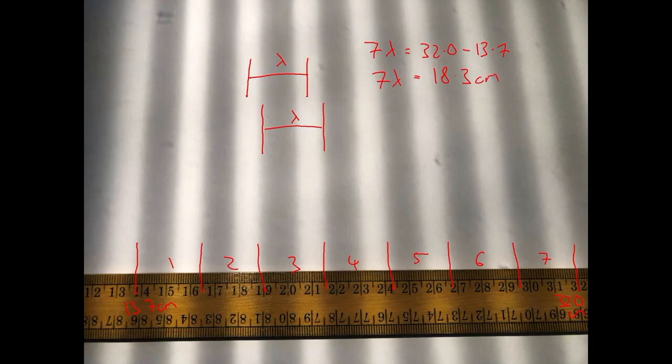We want one wavelength. So let's divide both sides by 7, and we get 1 wavelength is equal to, divide that by 7, 2.6 centimeters. So there's our answer. The average wavelength in this scenario is 2.6 centimeters.